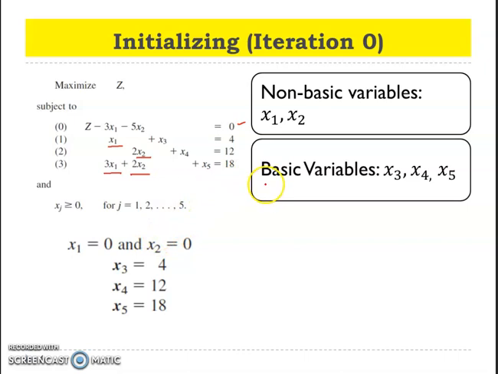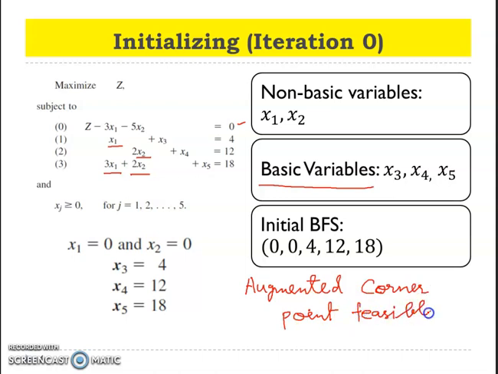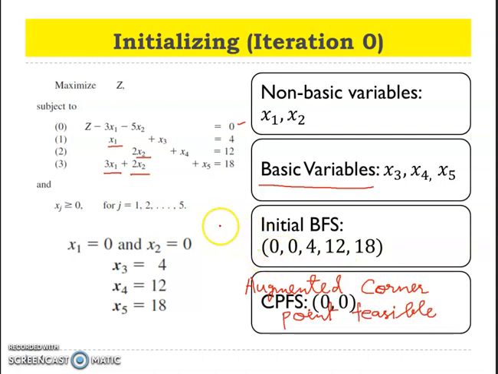The variables x3, x4 and x5 are known as basic variables, and the solution is the initial basic feasible solution, or we can also call this the augmented corner point feasible solution, because it is a corner point feasible solution of the augmented linear programming problem, and this corresponds to the value 0, 0 of the original problem. That is, corner point feasible solution 0, 0 of the original problem.